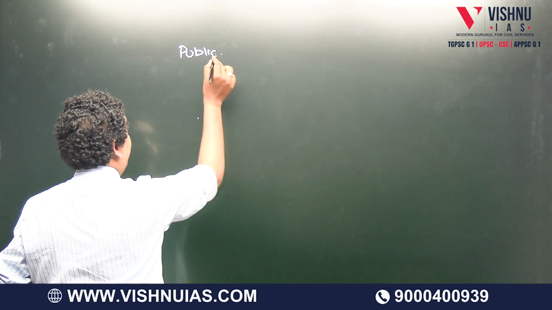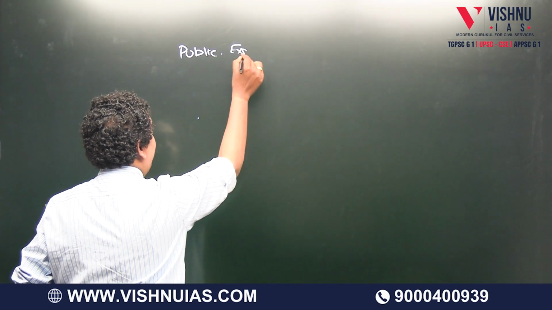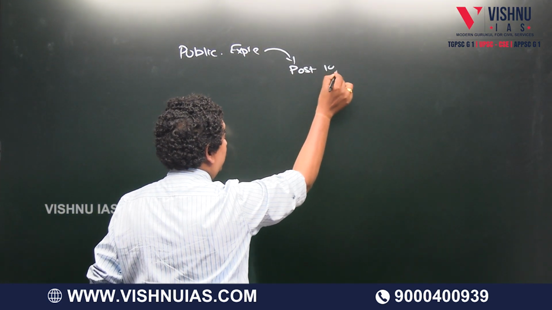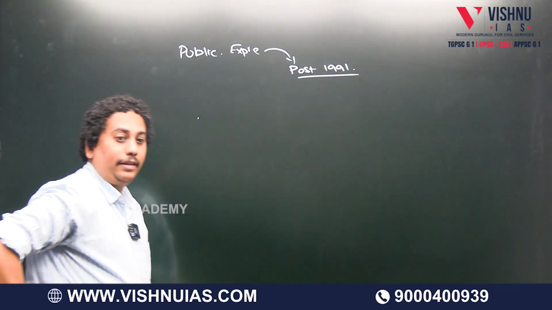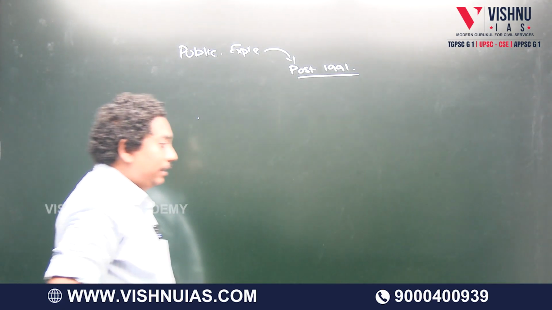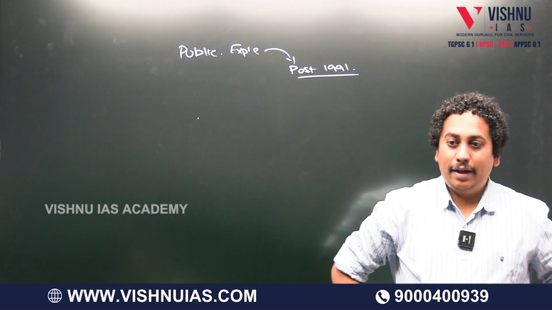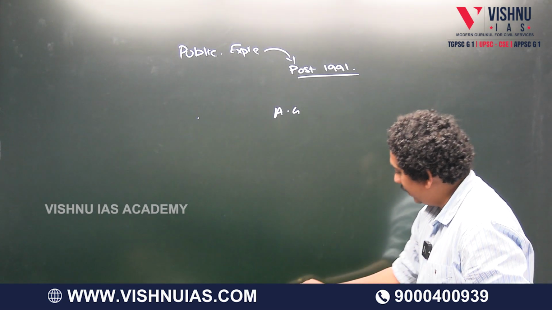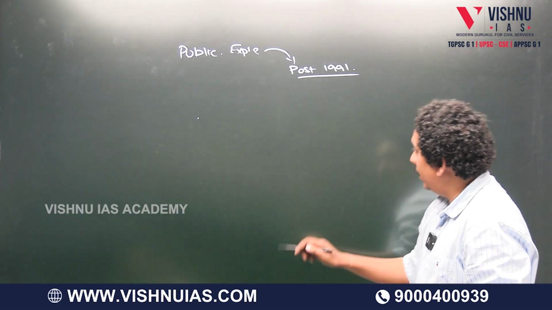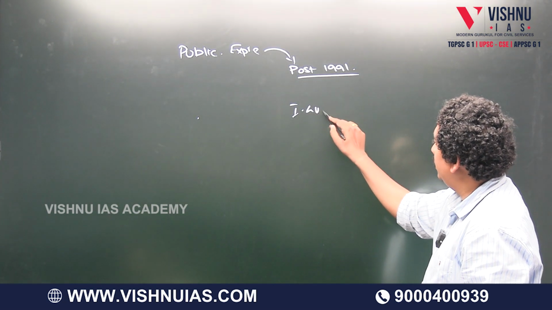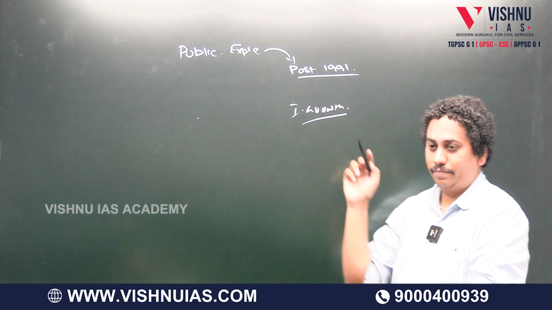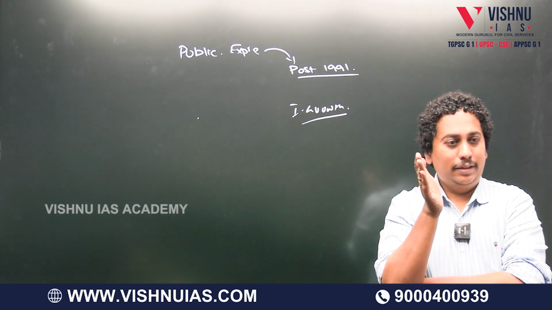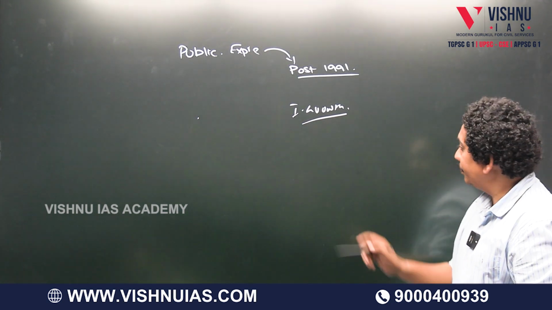One is demanding public expenditure post reforms, that is the post-1991 period: what is the trend of expenditure? And another component touched by this question is inclusive growth. First of all, try to go with the reverse aspect of the question.